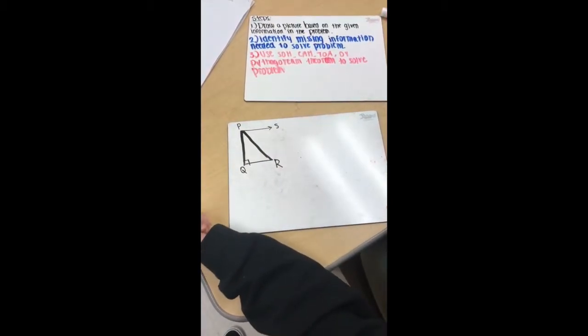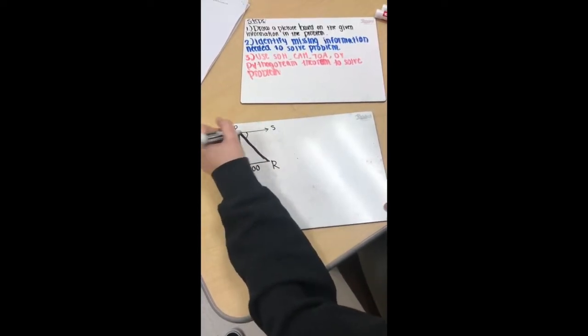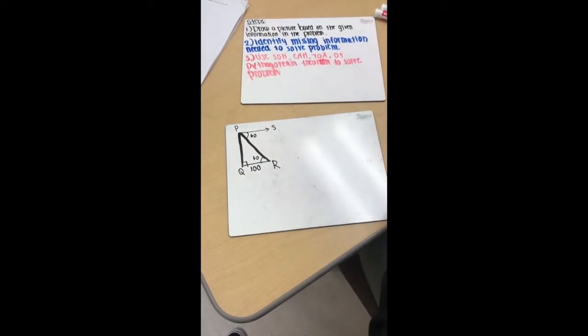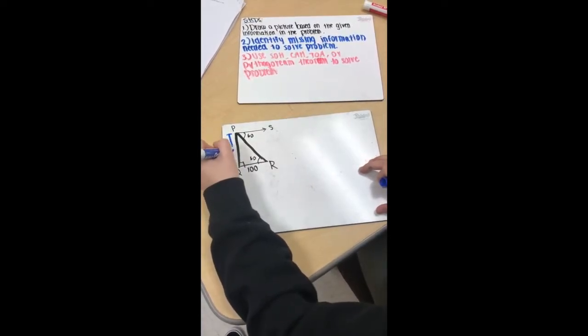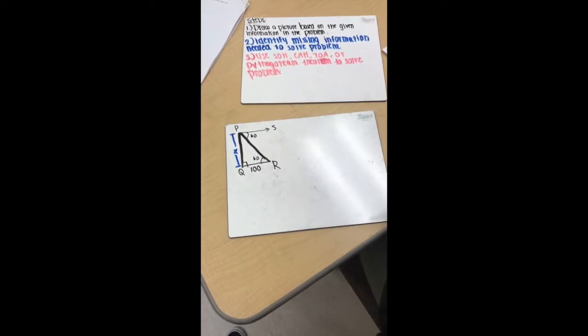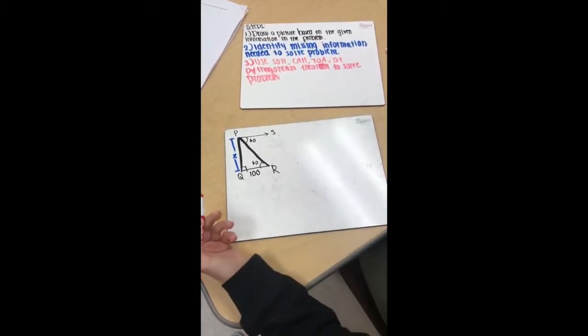And the information that's already given is this is 100 and this is 60 because this is 60. The side that you're trying to find is your height. So that's x. Now you're going to look again from your angle and you have your opposite and adjacent.